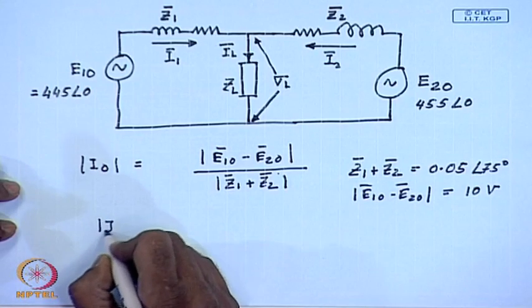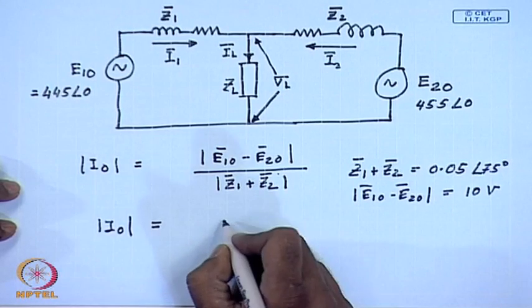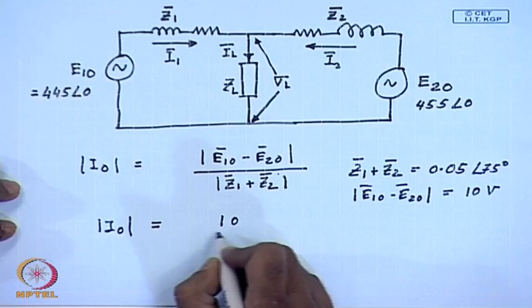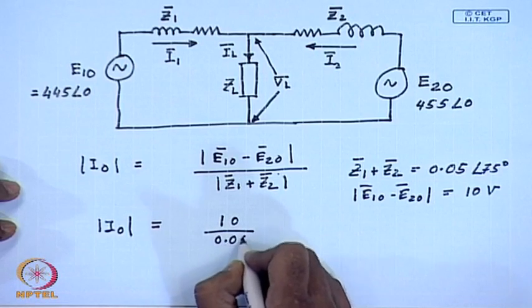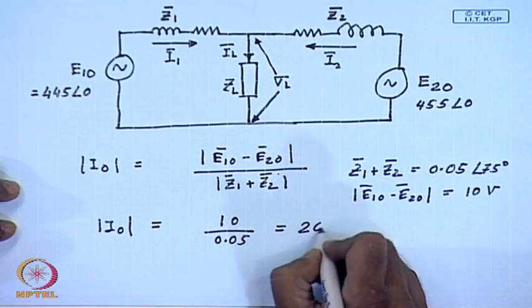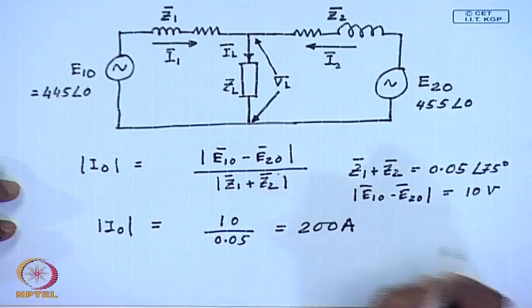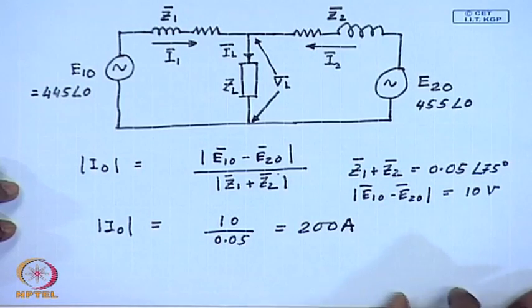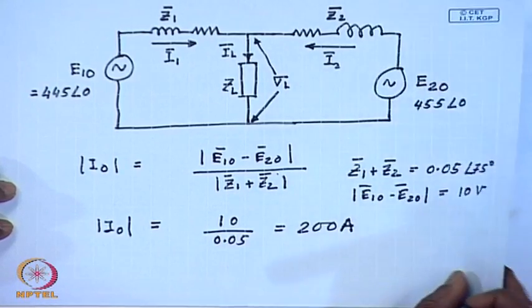Therefore, mod I0 equal to 10 divided by 0.05 equal to 200 amperes, which is not small. So, the first part of the problem is solved.